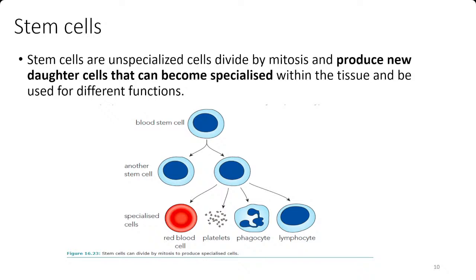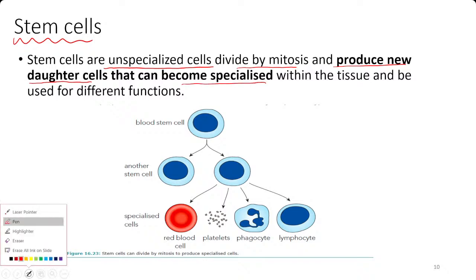Okay. Then we have something called stem cells. Stem cells are unspecialized cells that divide by mitosis and produce new daughter cells that can become specialized within the tissue and be used for different functions. Now, when defining, we have some key points that we need to make mention of. The first one is the unspecialized cell.